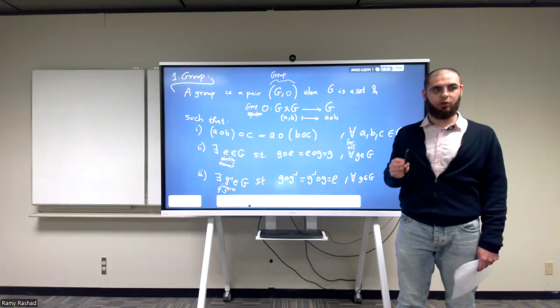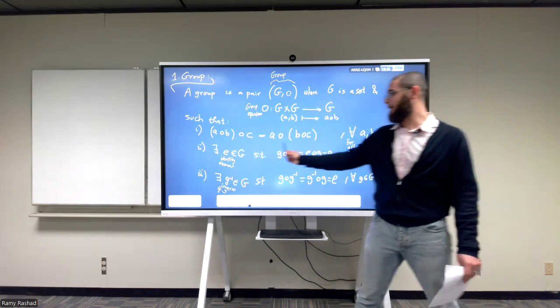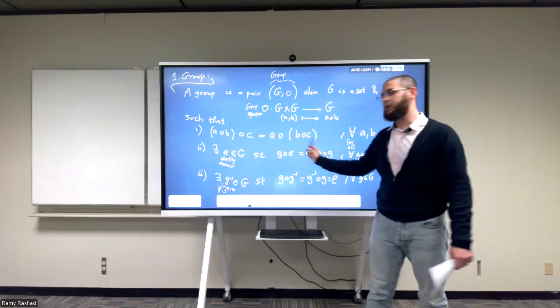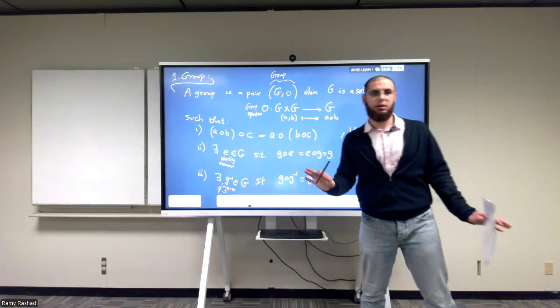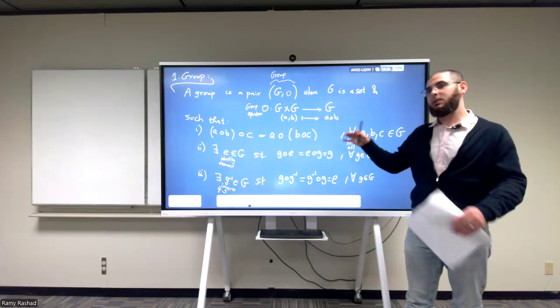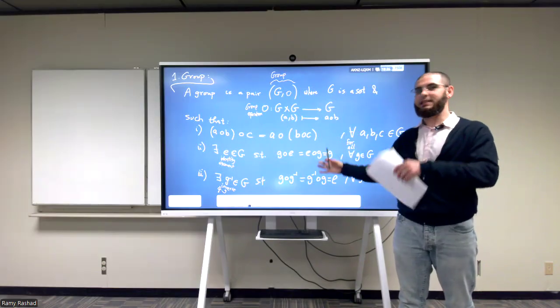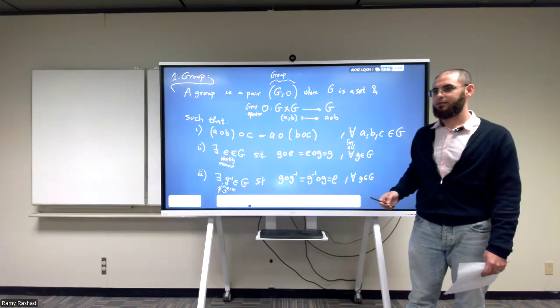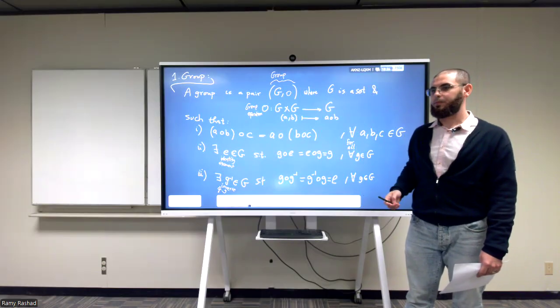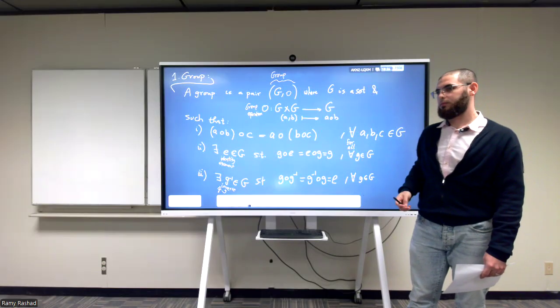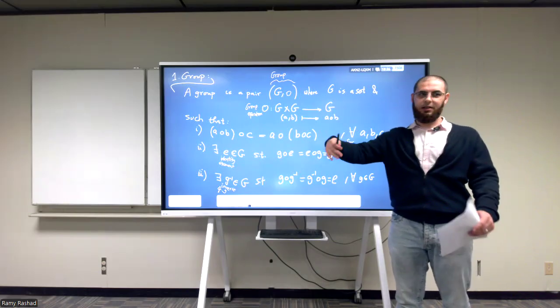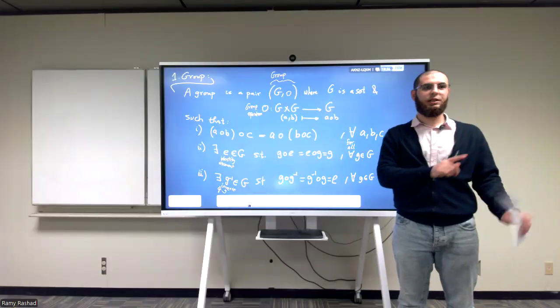The condition says there exists an element that satisfies this. Could there be more? Maybe. That's no problem. Is there some weird proof that for a given set you always have this uniqueness? It's out of the scope of what we're discussing. You can assume that you have two. Then if you look at the condition itself, you will see that E1 is equal to E2 actually. That answers a different question.